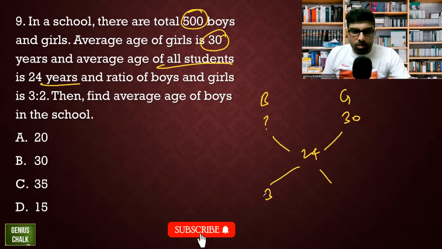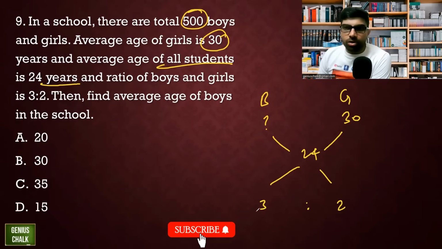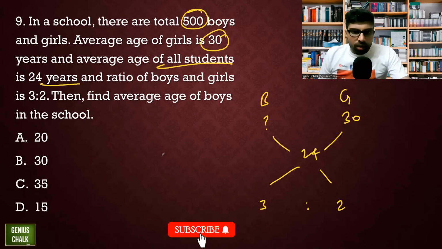It is 3:2. If this is 3:2, that means, you see, I have told you the sum of this, which is 5, must be the difference of this, or the difference should be in some ratio.